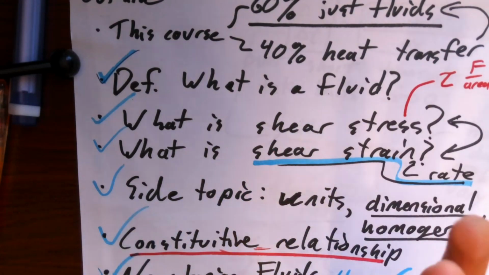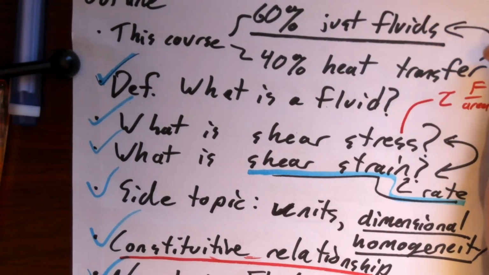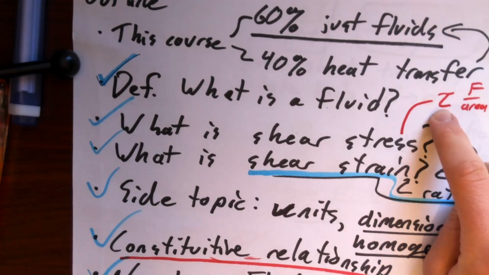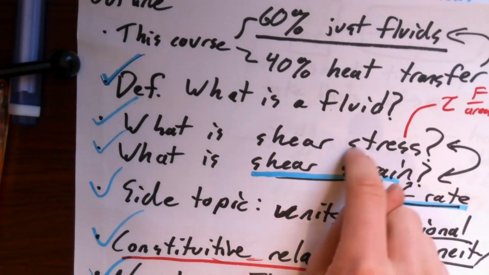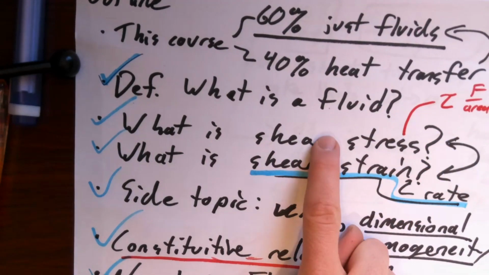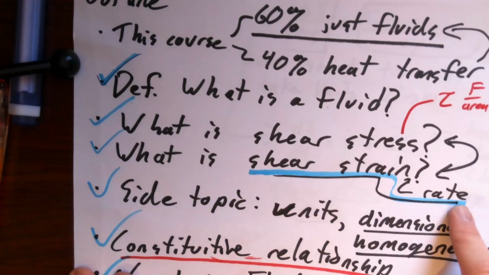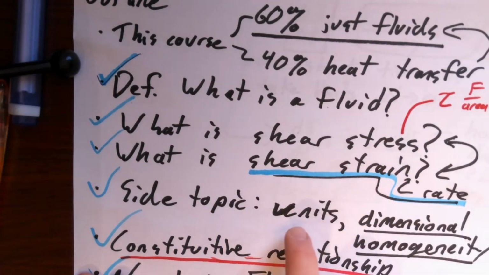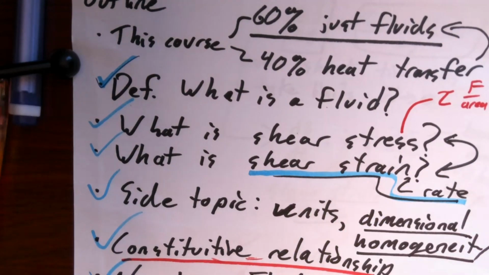Then we talked about shear stress, using the Greek letter tau to indicate it, and that's a force per unit area. If we apply shear stress to fluids, those fluids experience a shear strain rate. If we apply shear stress to solids, they experience just a shear strain.